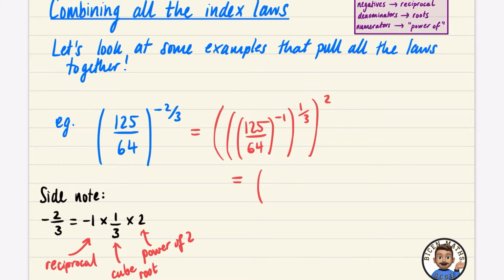That power of minus 1 means we take the reciprocal to 64 over 125, and we've evaluated now the entire thing that's inside here in yellow. So we're just going to now be doing that to the power of a third, and that whole thing is going to be squared. So to the power of a third, that's from the denominator.